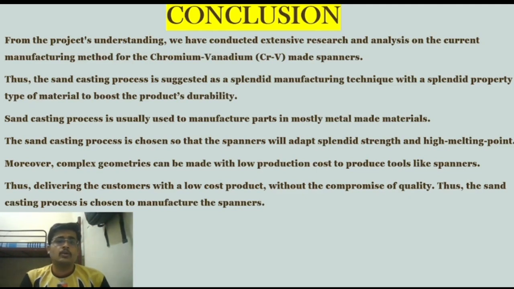Moreover, complex geometries can also be made with low production costs, which gives a low price to the customers. Thus we can deliver customers a low cost product without any compromise in quality. So the sand casting is the best process to produce the chromium vanadium spanners.